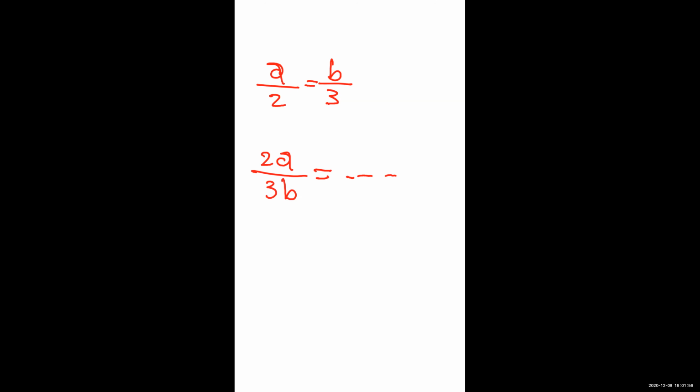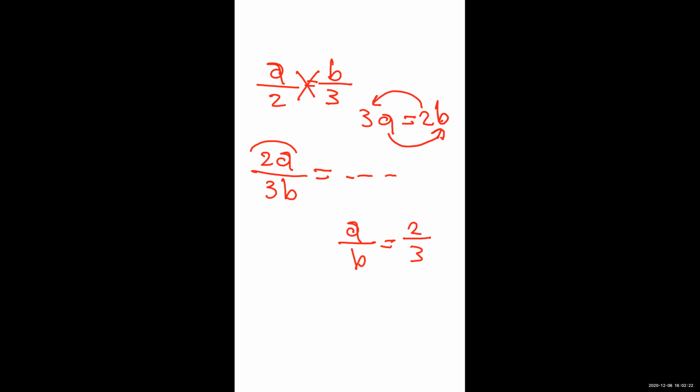So now the product of means equals the product of extremes. So here 3a will equal 2b. Okay, so a over b will equal 2 over 3.